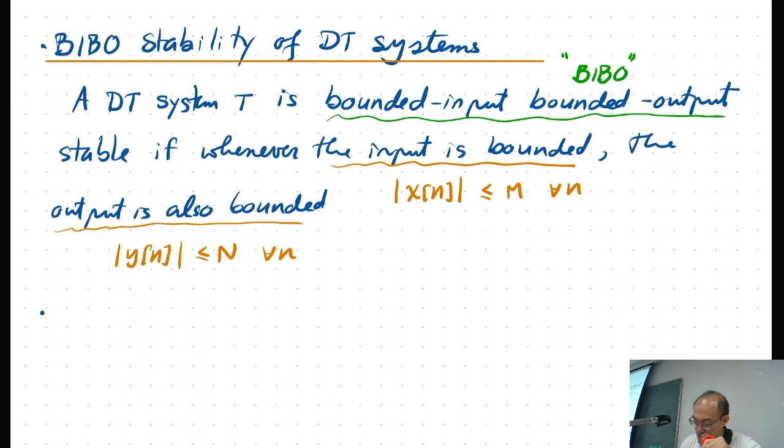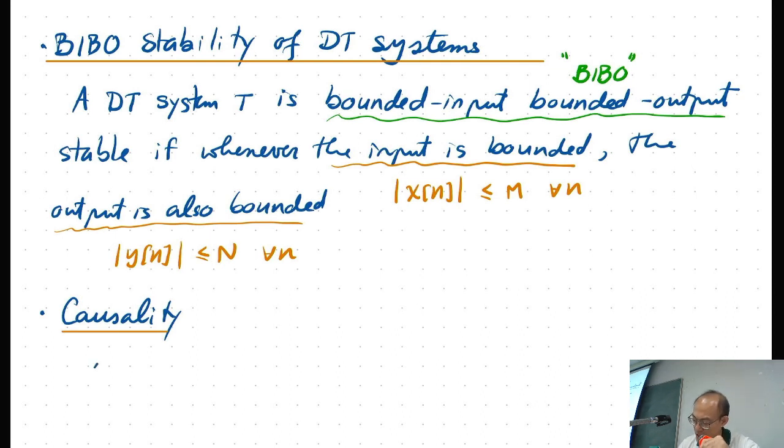The next is causality. A discrete time system T is causal if the response to the present input doesn't depend on the values of the future inputs.